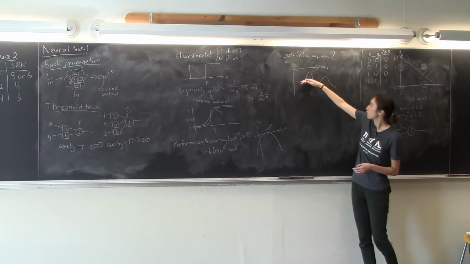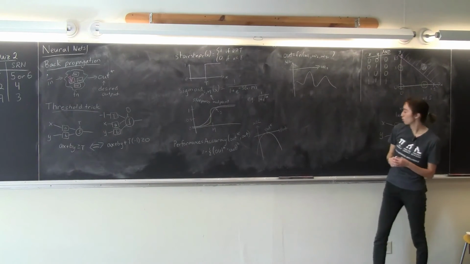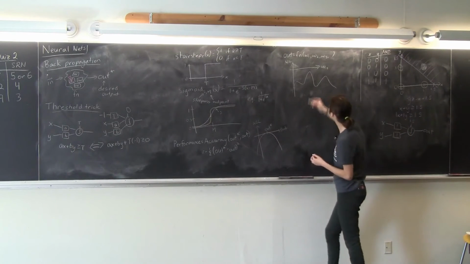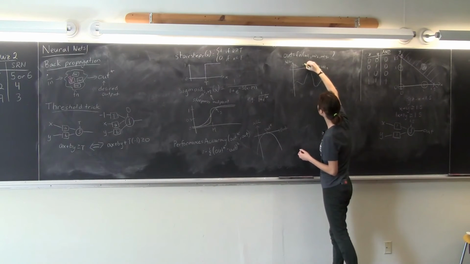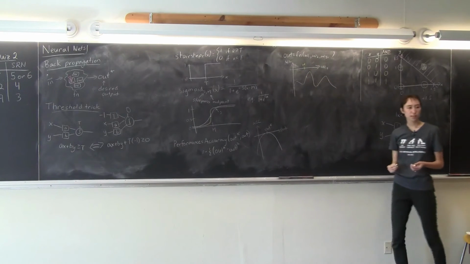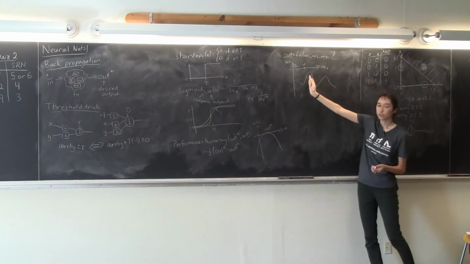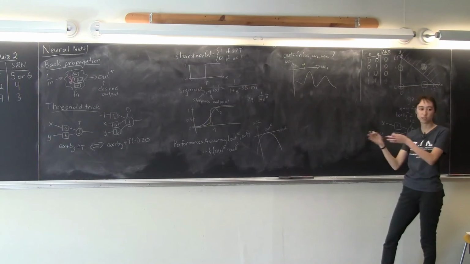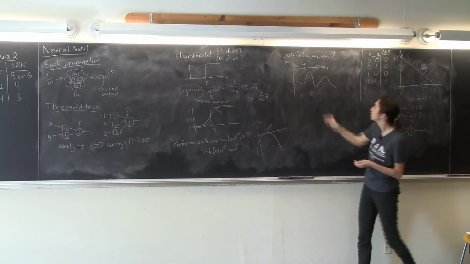This is how the accuracy changes if you just vary that one weight. And then you can think about, let's say that currently the weight has a value right there. If we look at the slope of this curve, you can tell whether we should be increasing or decreasing the weight to get better accuracy.